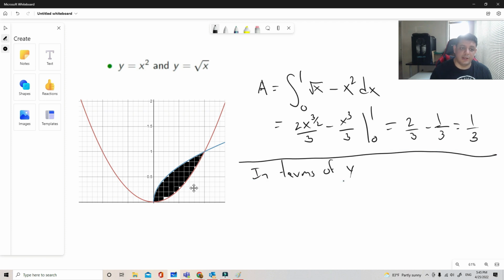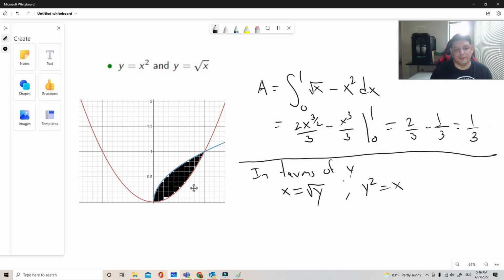In terms of y, y equals x squared is going to transform to x equals the square root of y. And the function y equals the square root of x is going to transform to y equals x squared.